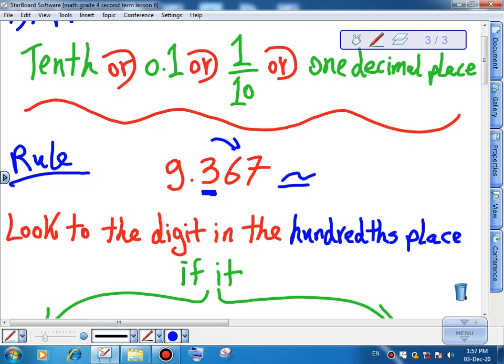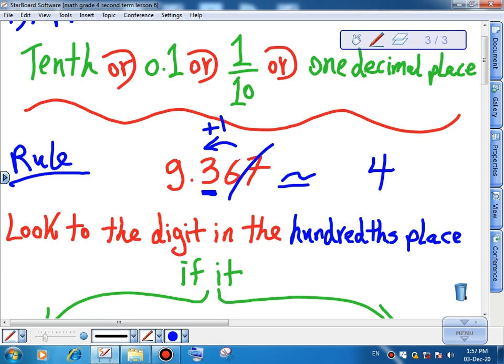Is 6 greater or smaller than 5? It is greater than 5, so we add 1 to the tenth place: 3 plus 1 will be 4. Just add 1 and go, add and cancel the rest.